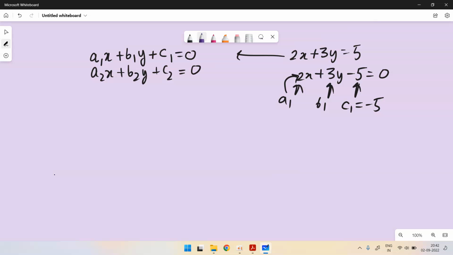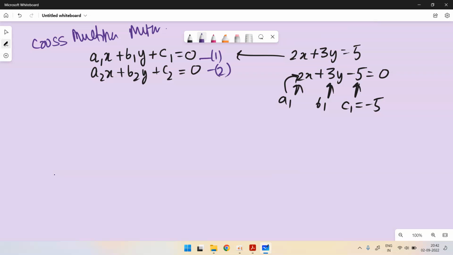This is the cross multiplication method, and it is a bit tricky. Now I'm just assuming that this is my equation number 1 and equation number 2.